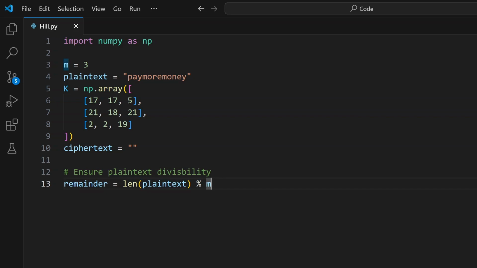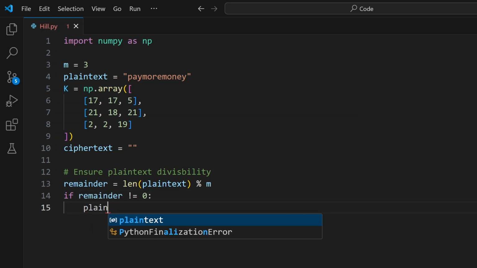In this case, the value will be 0. So if our remainder is not 0, then we want to add some filler text to the plain text such that it becomes divisible. We're going to use x as the filler text, as we said in the theory section, and we're just going to add a bunch of x's until our word is divisible by m.